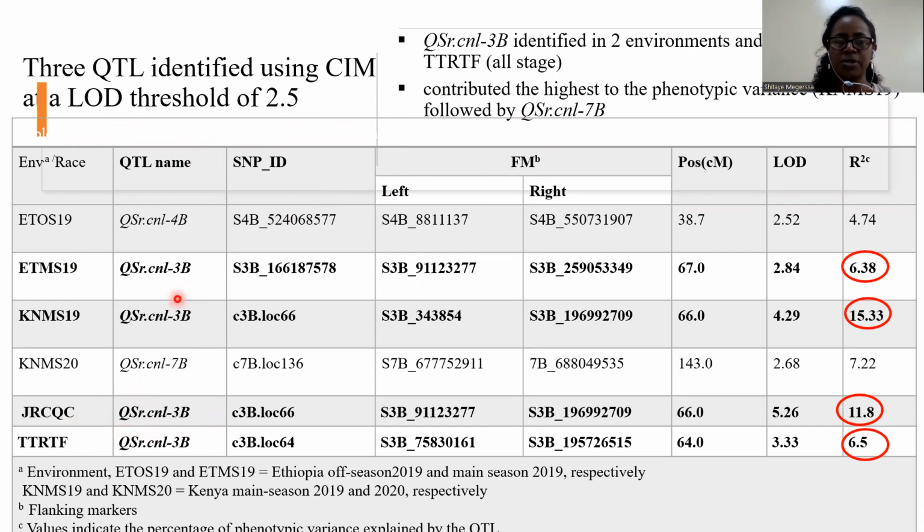This indicates that it represents an all-stage resistance gene and contributed the highest to the phenotypic variance, as we see on this aspect. The percentage of phenotypic variance contributed by the QTL was highest for the QTL on chromosome 7, next to that of 3B.